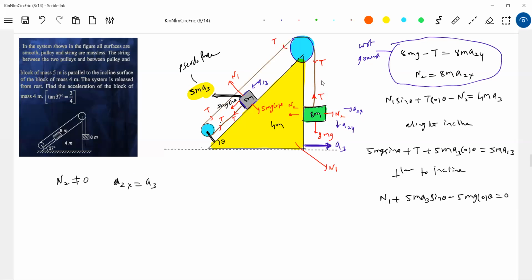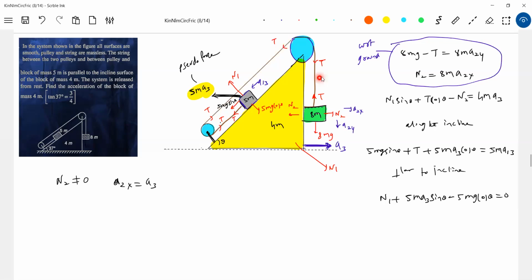Let's see the constraint equation. A13 is equal to A2y. What is the role of the wedge there? The entire string is on the wedge only, so the wedge will not affect anything. The change in length of this string will be 0. Change in length of this string is the displacement of the block with respect to the wedge.